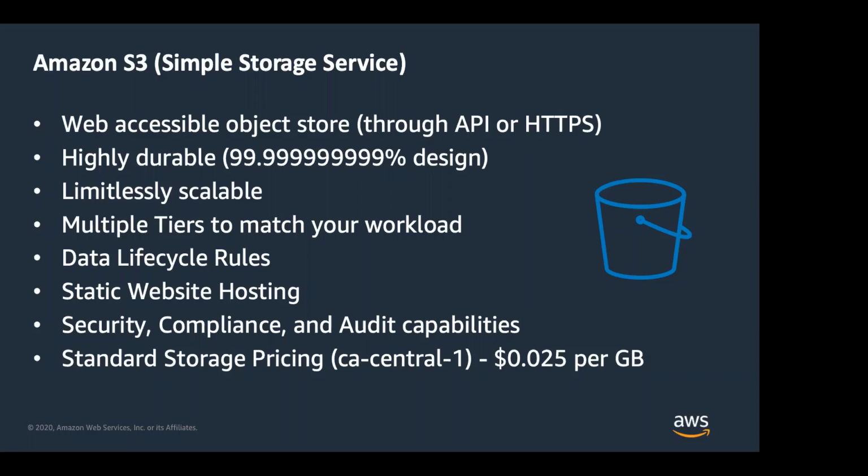You can keep adding your data. There are no limitations. We have customers that have petabytes or exabytes of data stored in S3, and this service you can just continue to use. In terms of pricing, I have also put specific pricing for the Canadian region. It is only, for example, 2.5 cents a month for every gig of data stored.